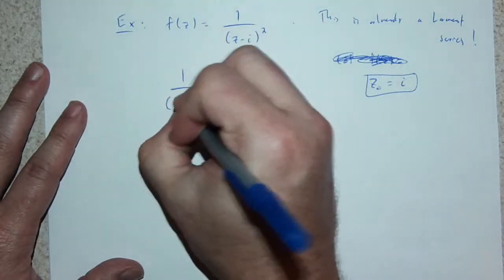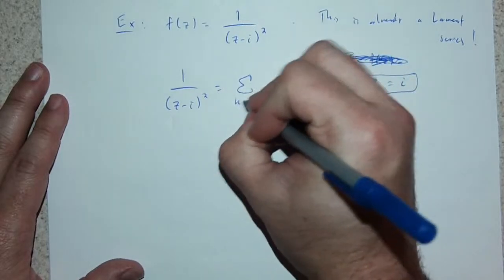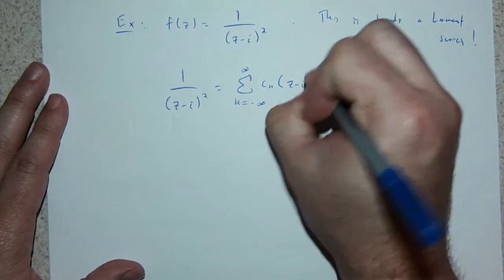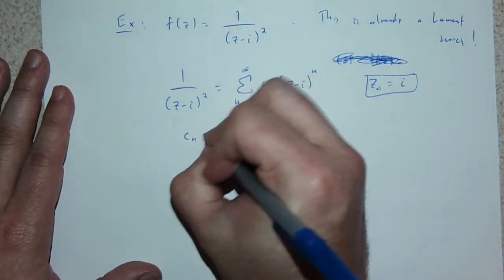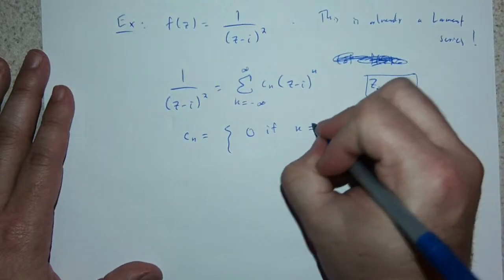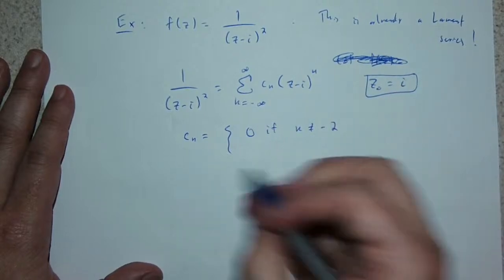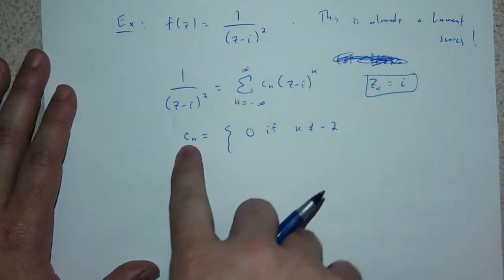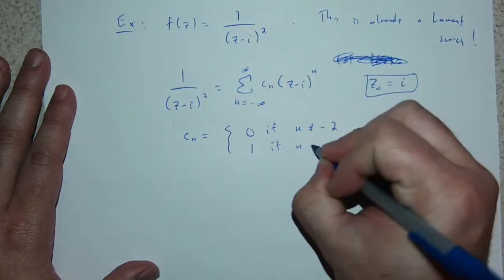Then 1 over (z minus i) squared is equal to the sum from n equals minus infinity to infinity of c sub n times (z minus i) to the n, where c sub n is equal to 0 if n is not minus 2, and c sub n is equal to 1 if n is equal to minus 2.